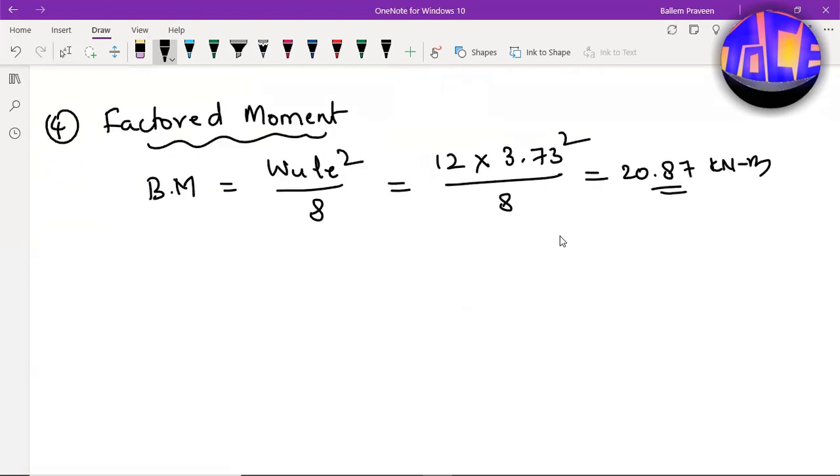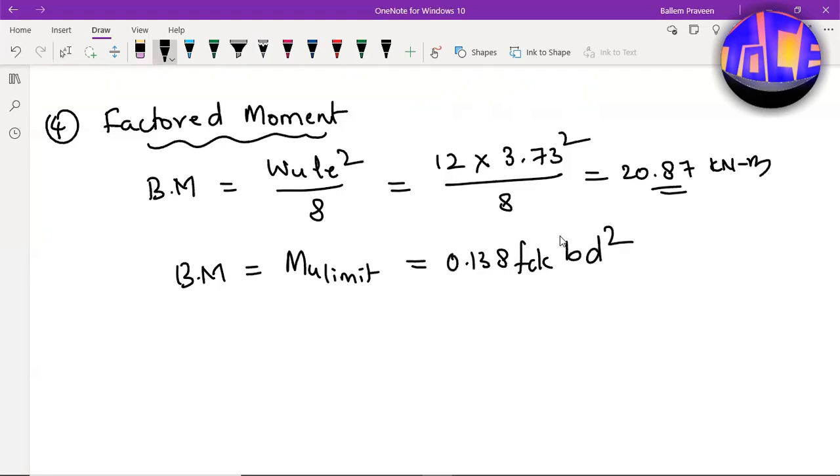So let us equate this with Mu limit so that we can check whether the provided effective depth is safe or not. For Fe 415, the Mu limit formula is 0.138 fck bd square.